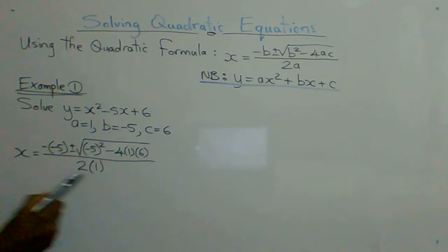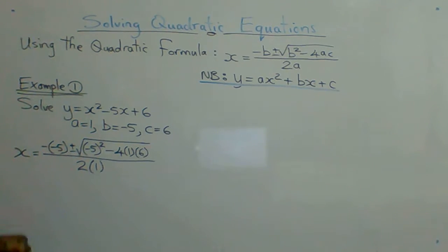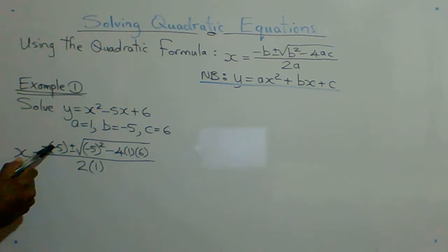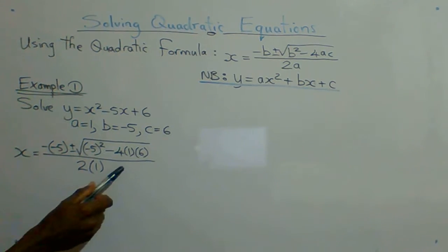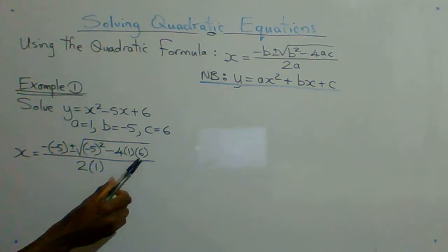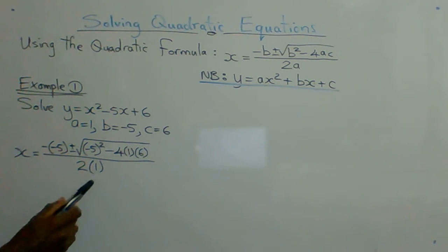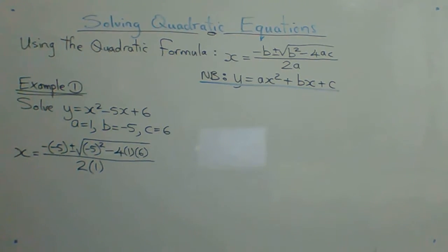As you will see, wherever I'm substituting a value for a, b, or c, I put that value in a small bracket. So this is negative 5 for b, negative 5 again for b, 1 for a, 6 for c, and 1 for a. So pretty much we'll go ahead and simplify.